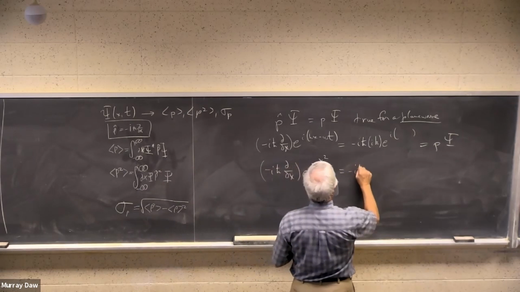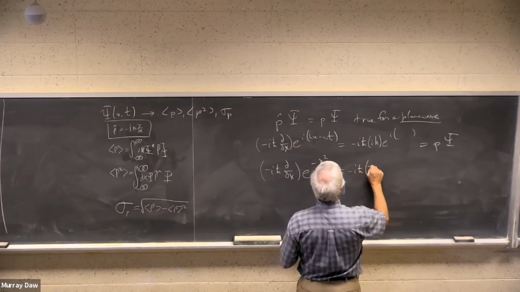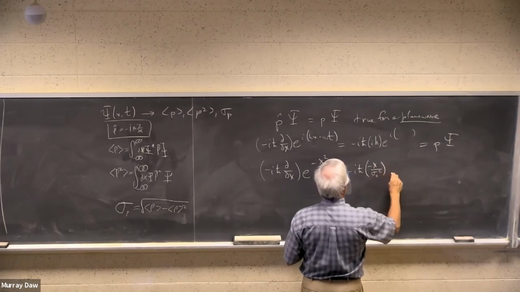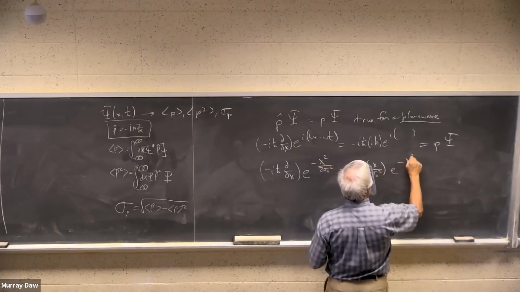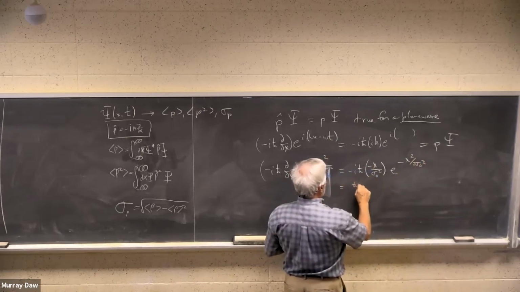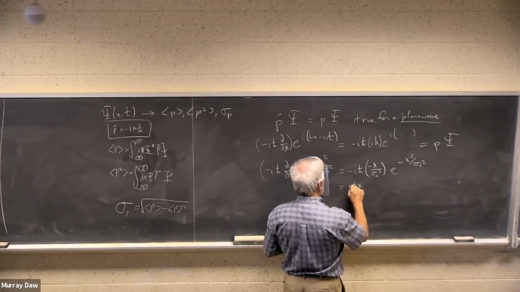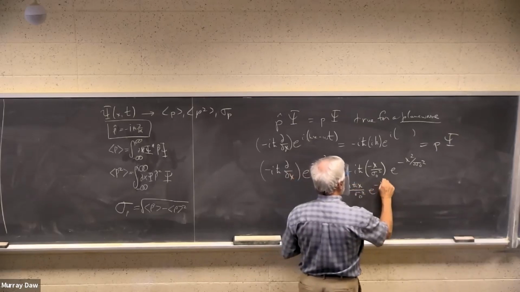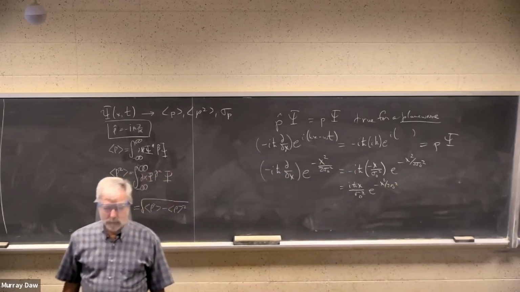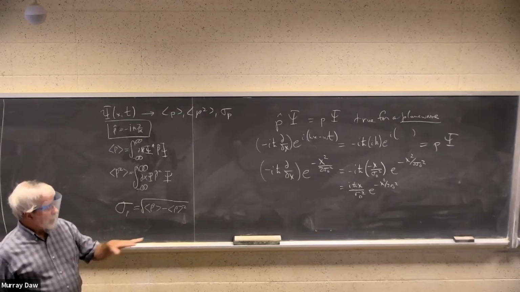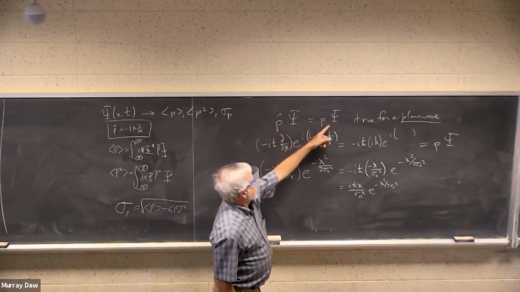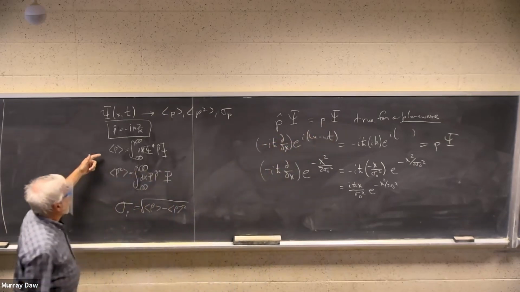We get minus i h bar times minus x over sigma naught squared times the Gaussian. Cleaning it up, you get i h bar x over sigma naught squared times the Gaussian, not p times the Gaussian. We'll talk more about this kind of equation in the next chapter. In general, that's not true.